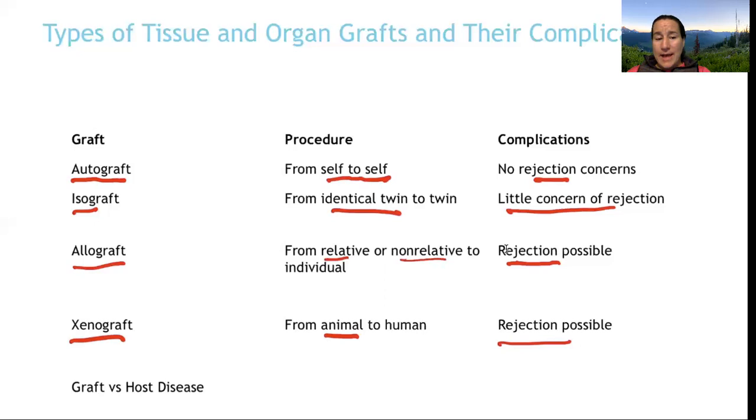So if you got a graft of bone marrow from somebody else, those are going to have the white blood cells, the immune system of somebody else inside you. And those graft cells may start to attack the host cells. They may recognize the host cells as not self and start to attack them. So that is graft versus host disease. If you had a bone marrow transplant with blood stem cells, something like that, the graft may attack the host in this instance.